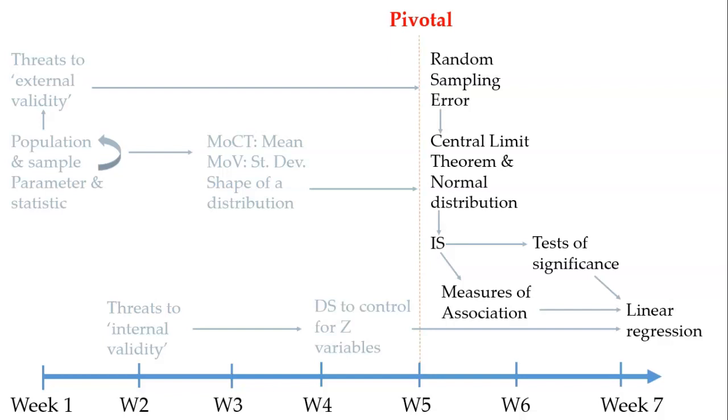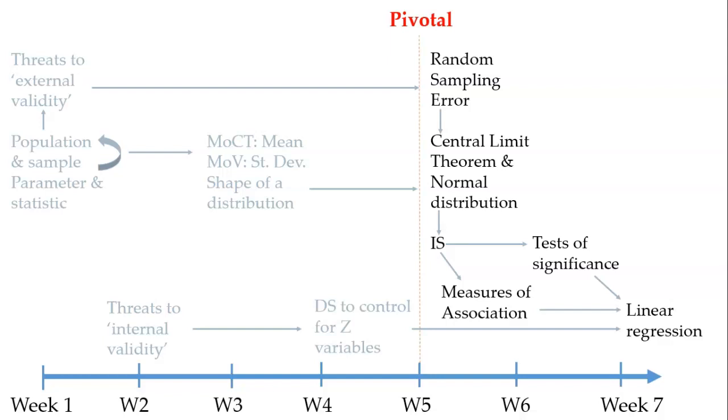And linear regression is very powerful because it not only allows us to deal a little bit with the problems of external validity, but also it allows us to deal with the problems of internal validity that we have just left aside to some extent.